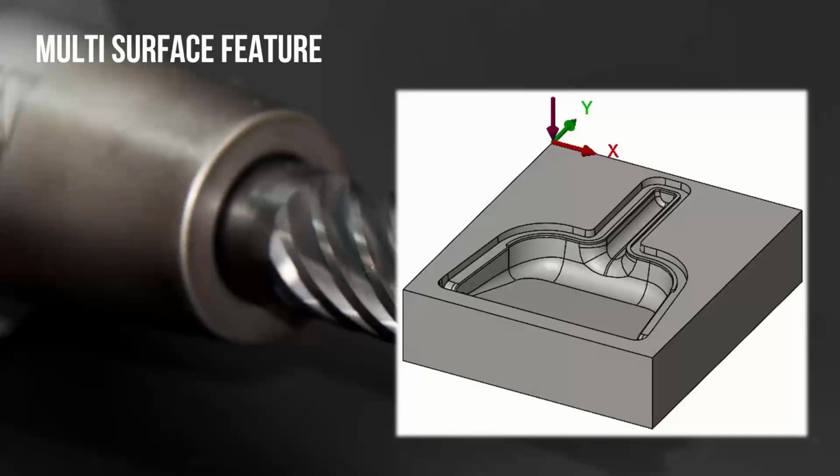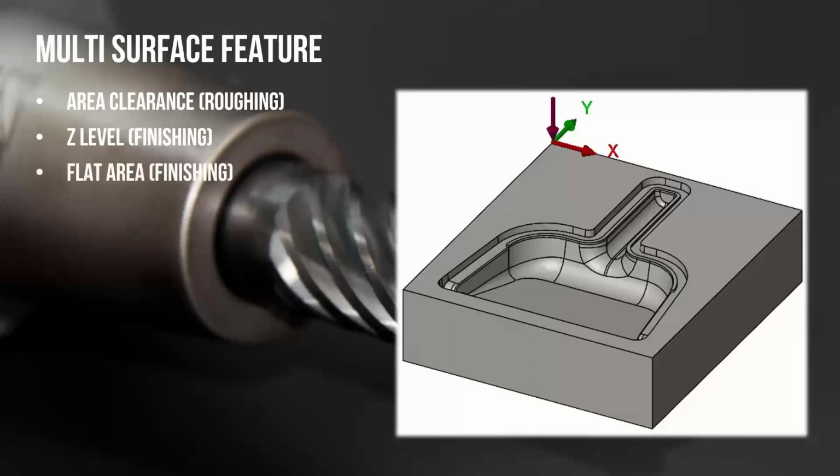These operations include area clearance, which is primarily known as a roughing operation and used to remove the majority of material stock from the part model. Z-level, which is primarily used as a finishing operation of the part model. And of course, we have flat area, which is another finishing type operation which machines the flat areas of a multi-surface feature.